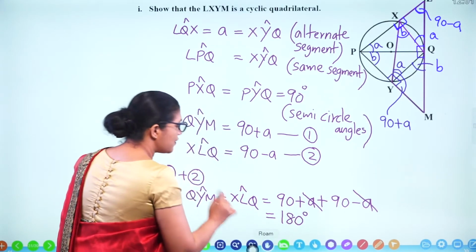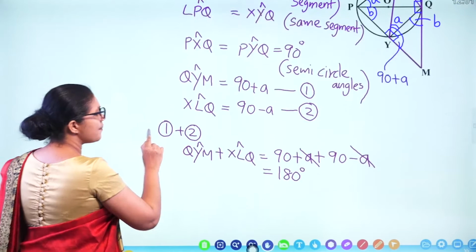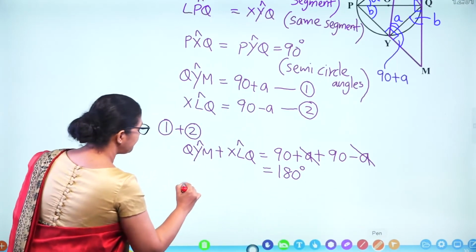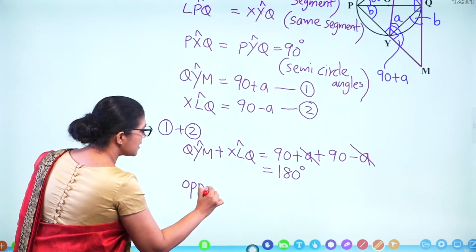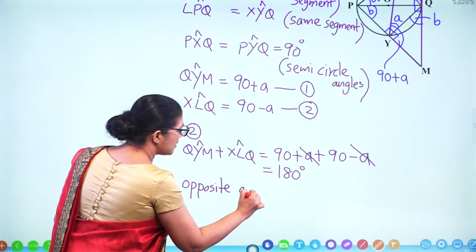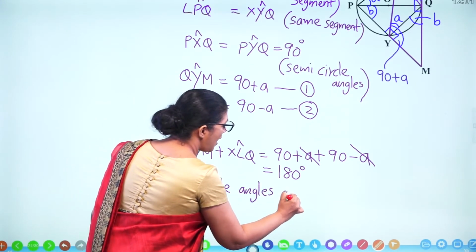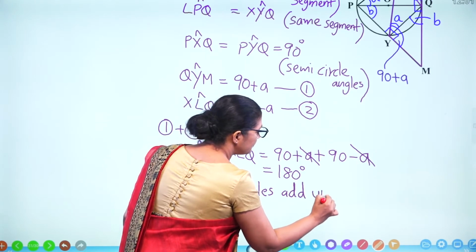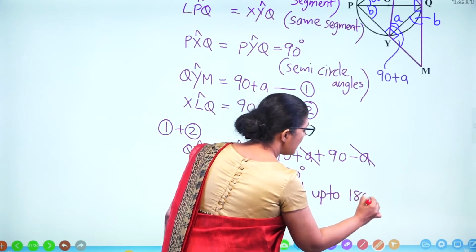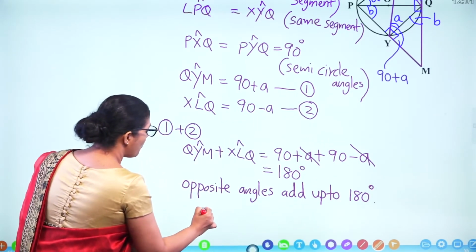So these are the two opposite angles. Opposite angles add up to 180.